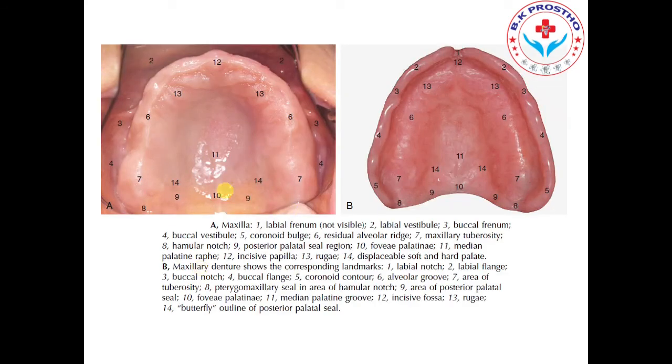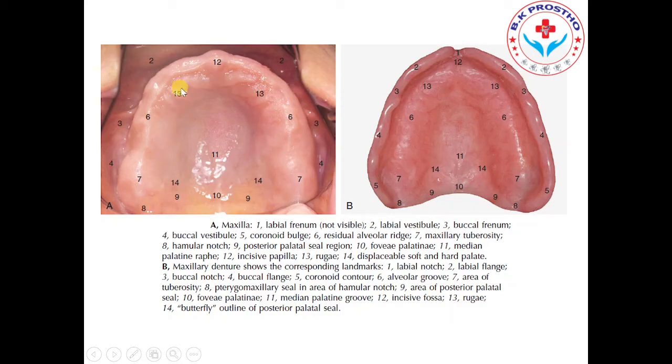So this is the anatomy of the maxillary arch, including the supporting structures, limiting structures as well as the relief areas. Here is the papilla, the alveolar ridge, the tuberosity bilaterally, remnant of the gingival tissues, and the mid-palatal raphe, which requires relief. The papilla also requires relief.